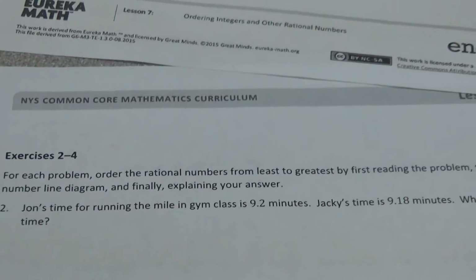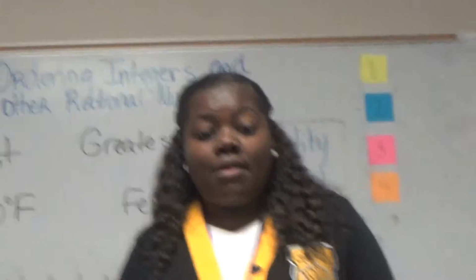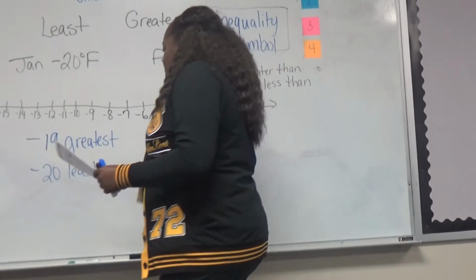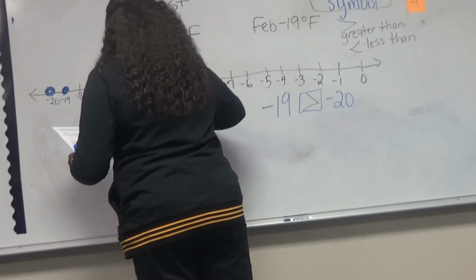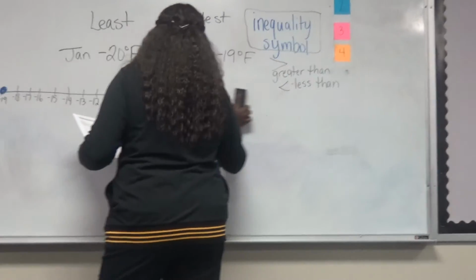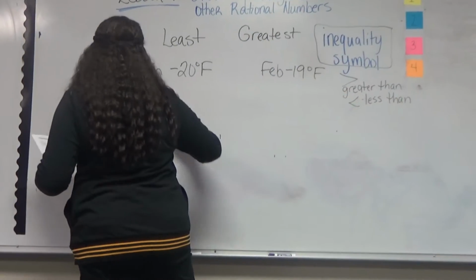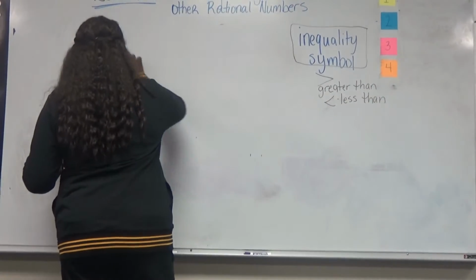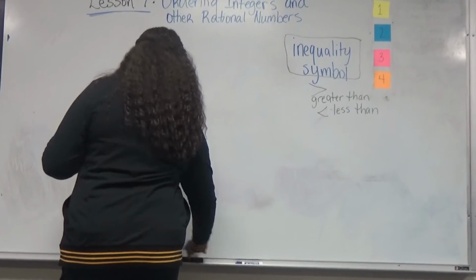So this time we're looking for the least number, because we want to see who ran the mile the fastest, right? In the smallest amount of time. So we have 2 numbers that we're comparing. This time, are they positive or negative? They're positive, right? So we're looking for the person who ran the mile in the least amount of time.